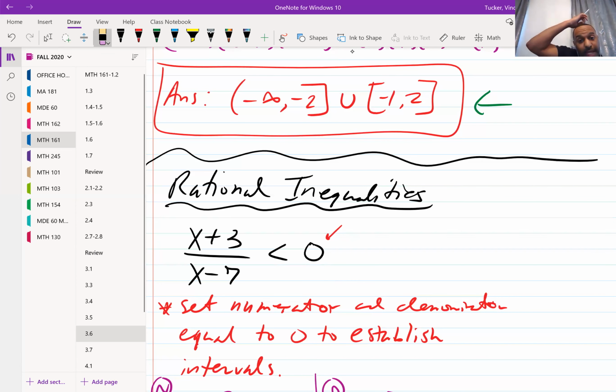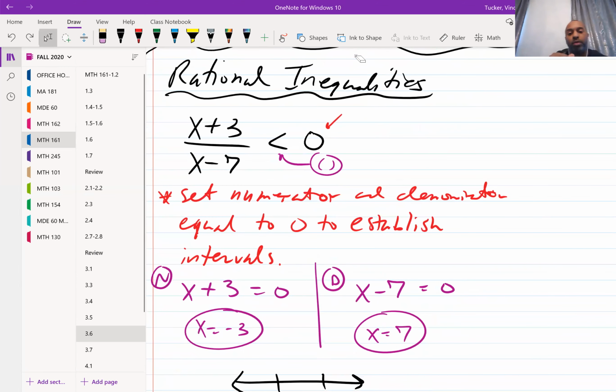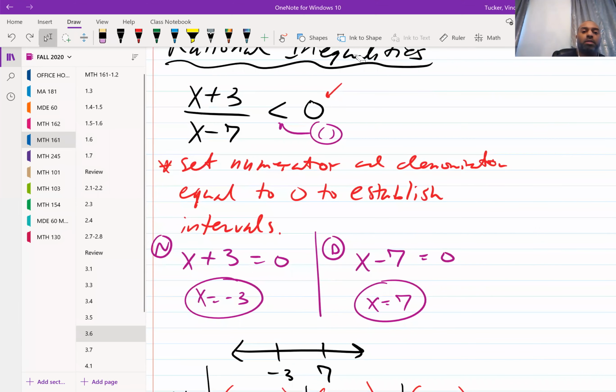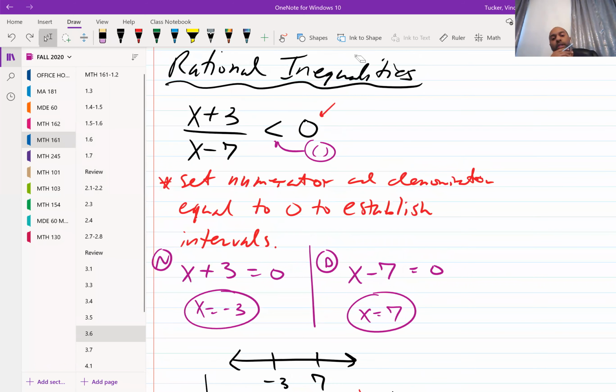So now to establish our intervals, remember last time we established our intervals by setting our equation equal to 0, then solving. Well, here to establish our intervals, we're going to set the numerator and denominator equal to 0 to solve. So set x plus 3 equals 0 for our numerator, and we get negative 3. Then x minus 7 equals 0 for the denominator, and that gives us x equal to 7.